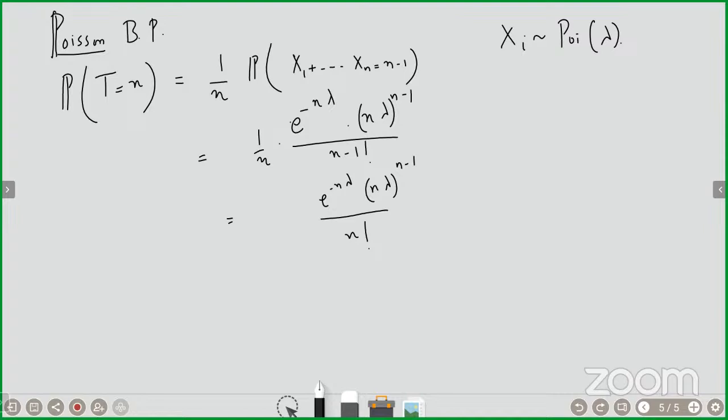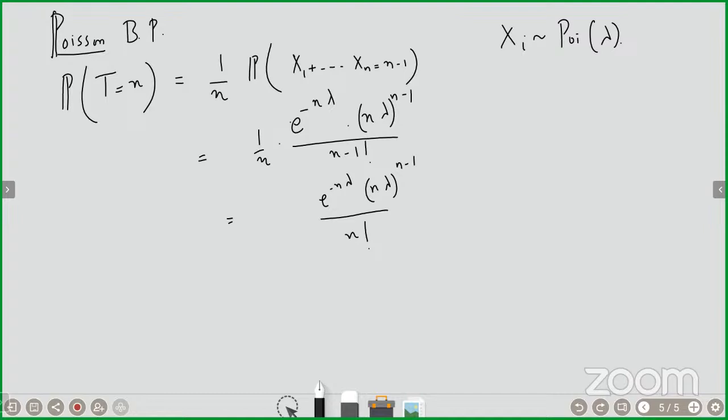Is this a known distribution? Is it not Poisson?